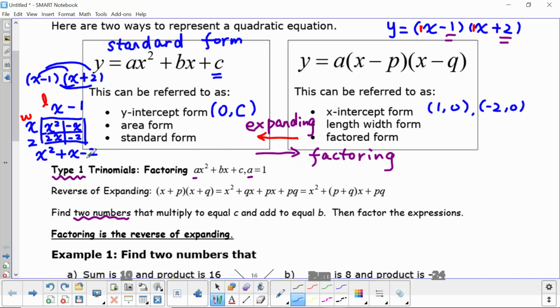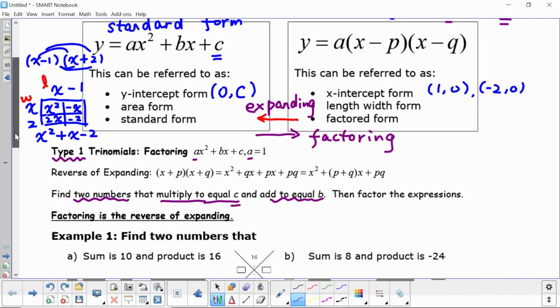We compare it with this one, you will see negative 1 times 2 gives you the last term. So multiplied together equals the c value. And added together, 2 plus negative 1 gives you 1. So the 2 numbers, 2 plus negative 1 gives you 1, the middle term, the b value.